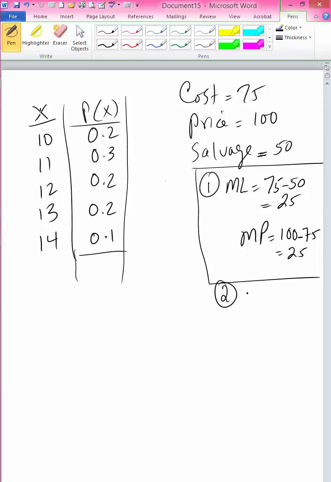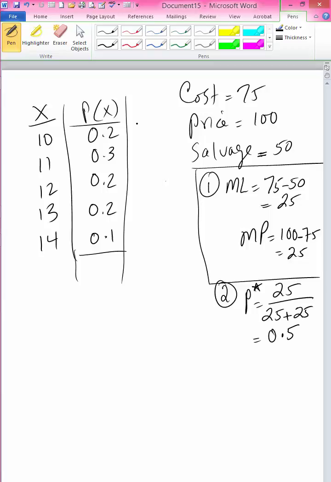Step 2 is to compute the critical probability, which is marginal loss divided by marginal loss plus marginal profit. In this case, the marginal loss and marginal profit are equal to each other, so this critical probability will be 0.5.